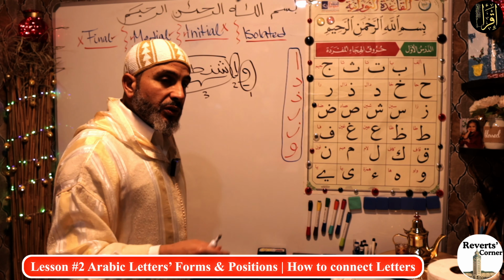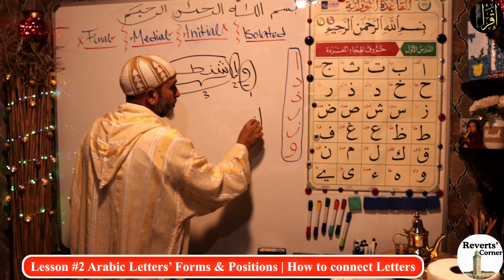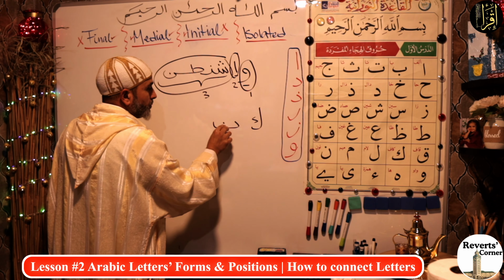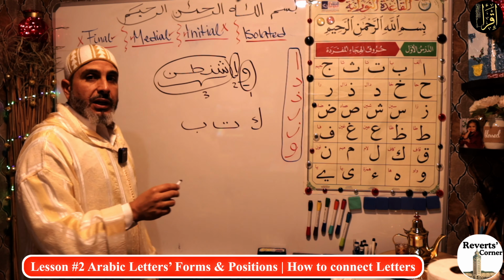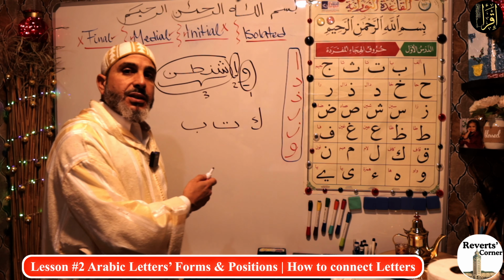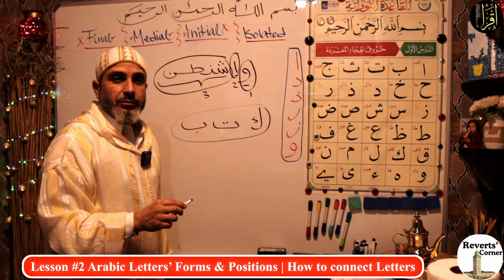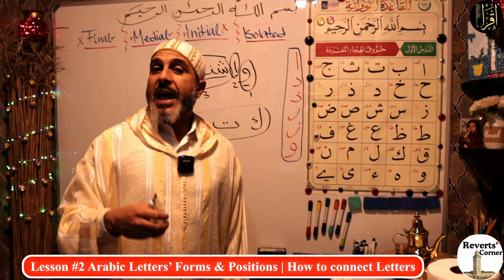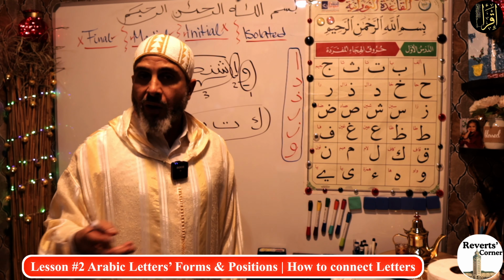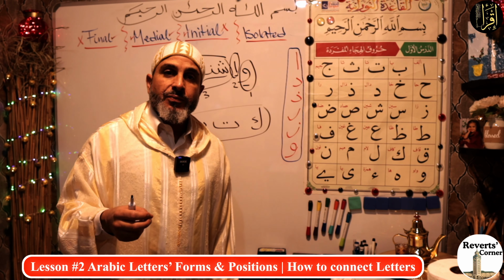Take, for example, kataba. Now, this is not Arabic. This would be a computer generated Arabic with the absence of an Arabic software. Arabic letters must be connected to each other.